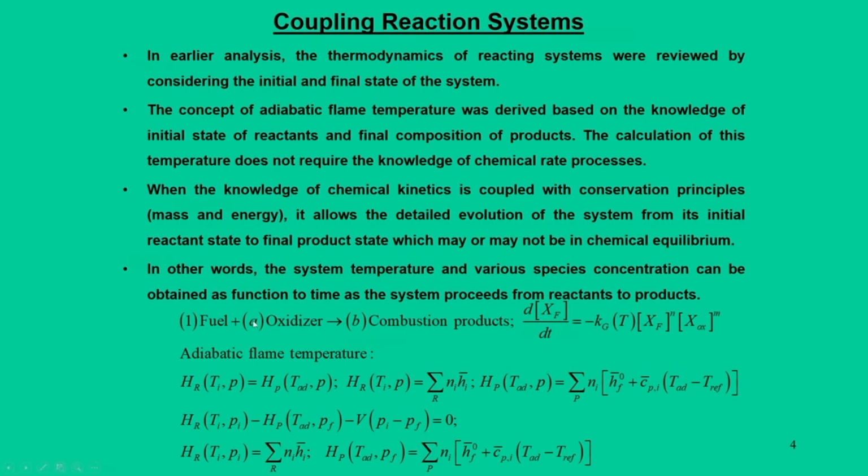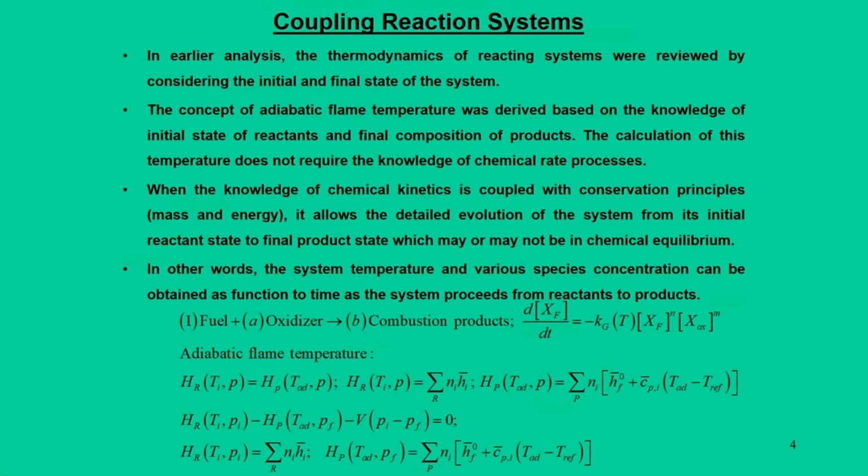The maximum temperature that can be achieved during a combustion process is defined through adiabatic flame temperatures, and these adiabatic conditions can be ascertained by assuming a constant pressure model or constant volume model. When we define these adiabatic flame temperatures, there is no enthalpy of combustion term. So, basically the difference between enthalpy of reactants and products should equalize. At the equilibrium temperature, that is the adiabatic flame temperature.